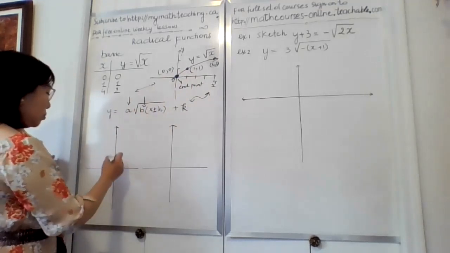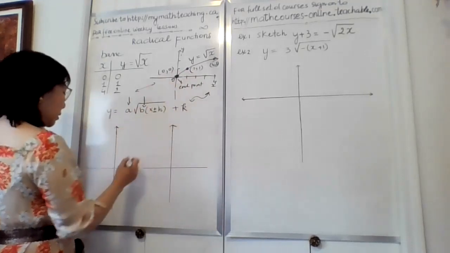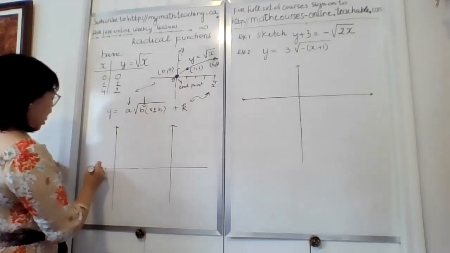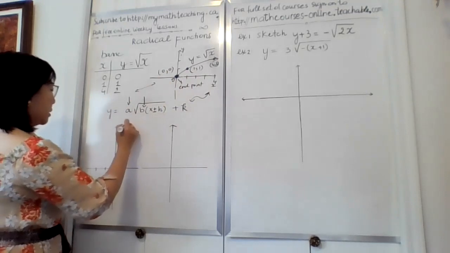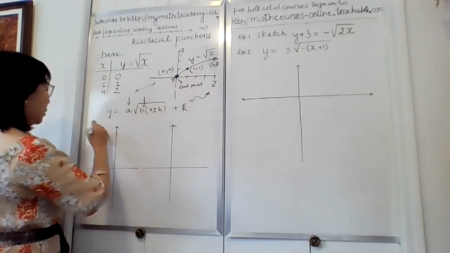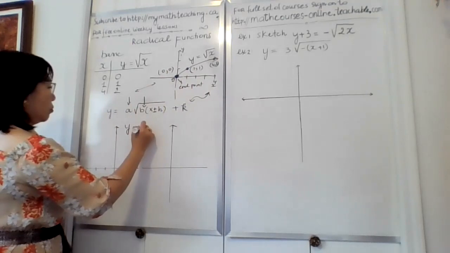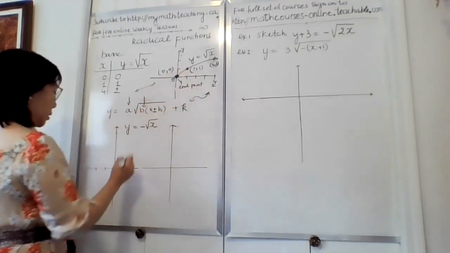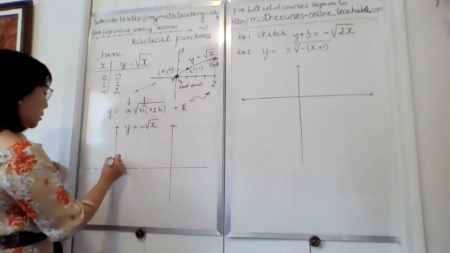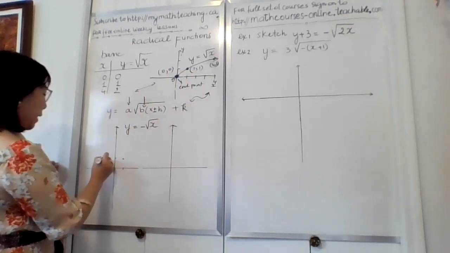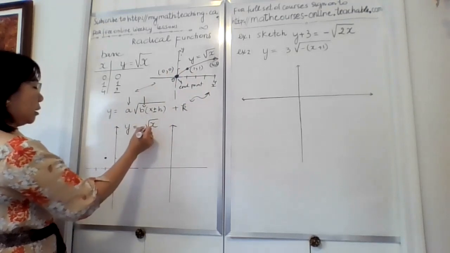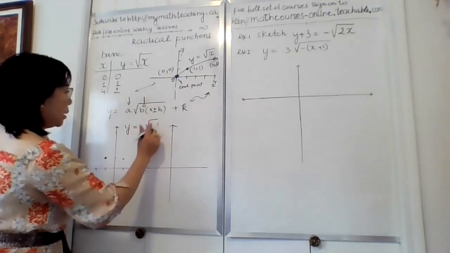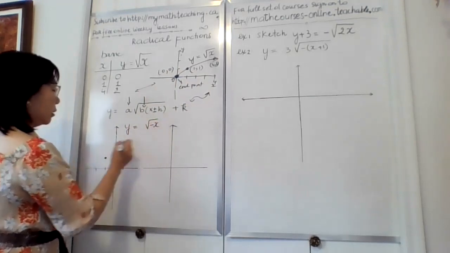So the base point of this radical function is very important. Let me show you how to sketch a radical function based on the basic one. Let's say I want to create the radical function y equals square root of negative x. Obviously, you see that this base point 1 will be reflected over the y-axis. Sorry, the negative should be inside, right?